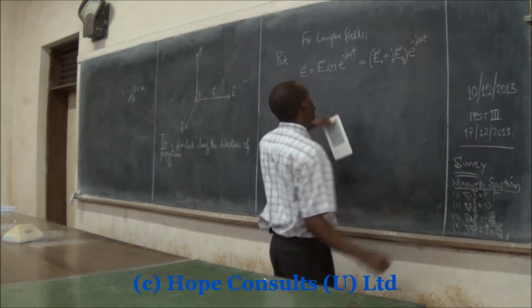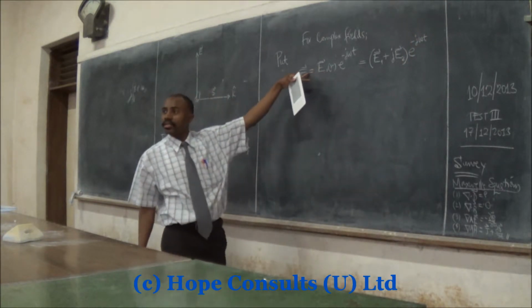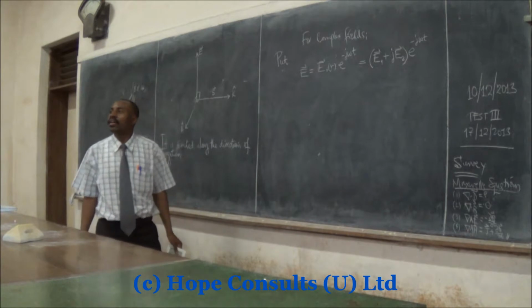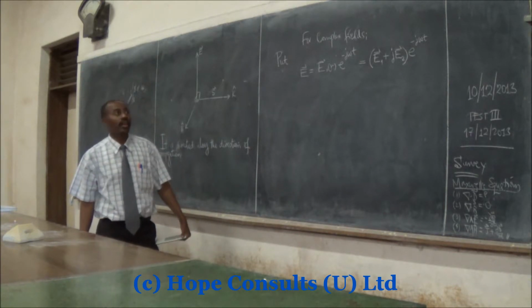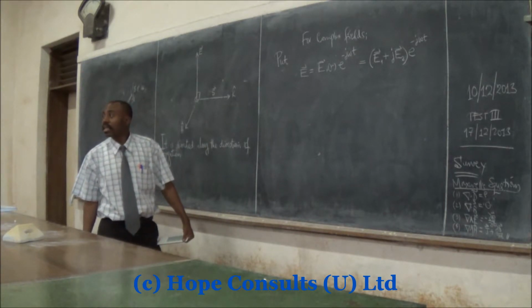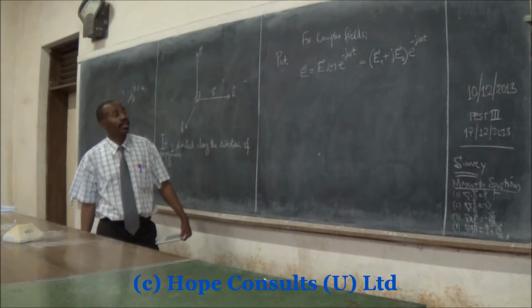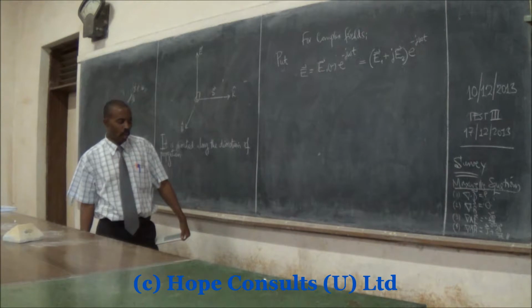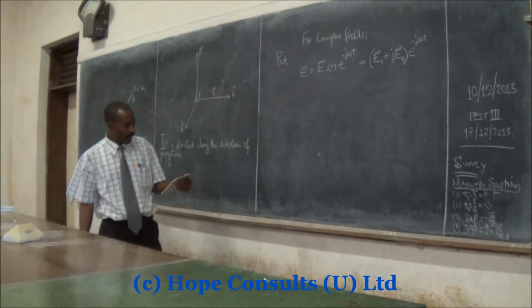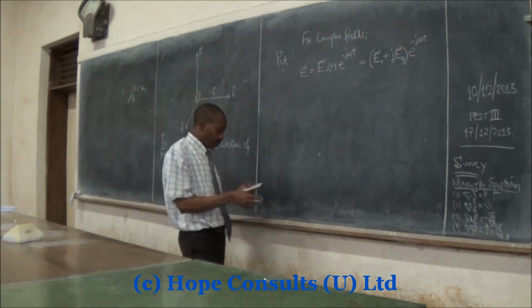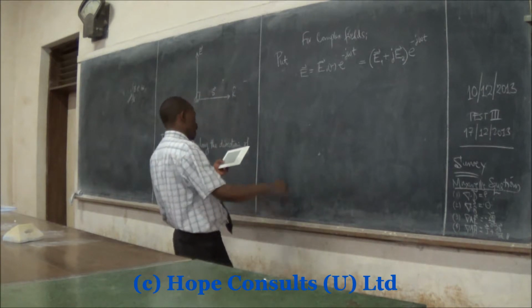Remember, we took our E naught as the amplitude. And now our E naught is our complex amplitude.